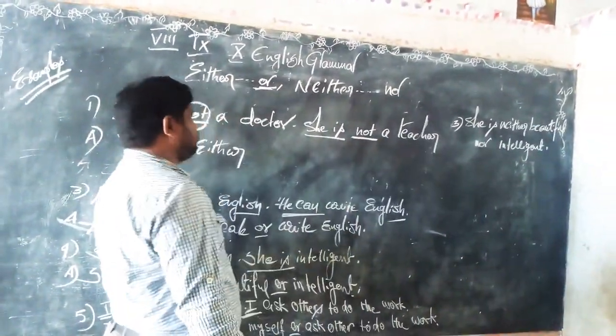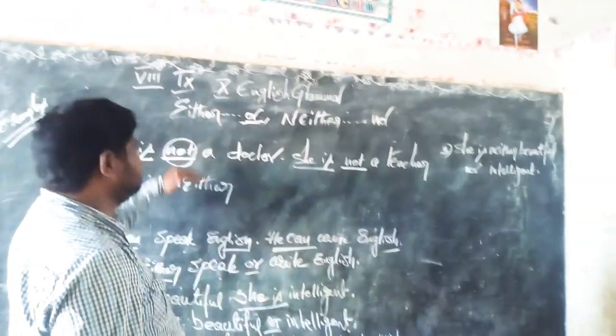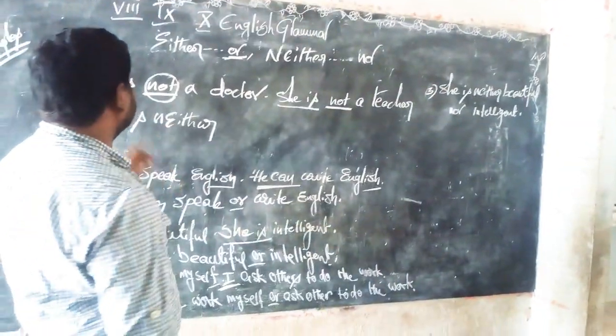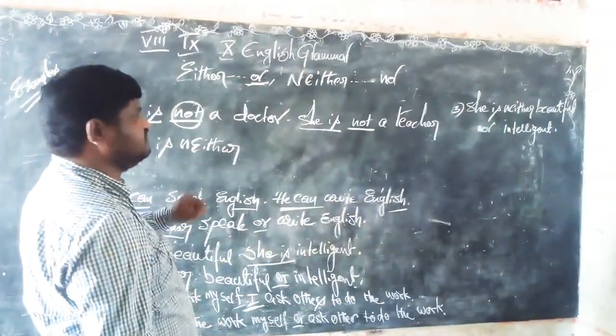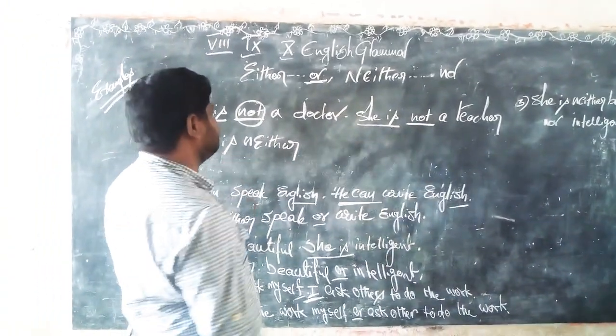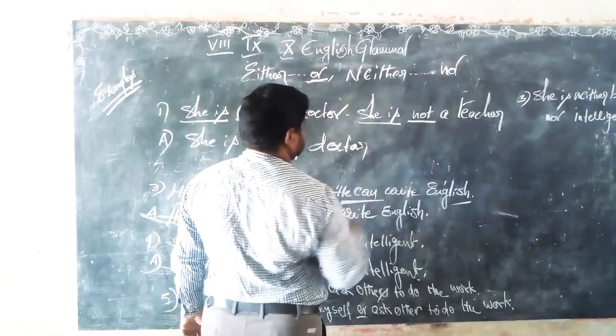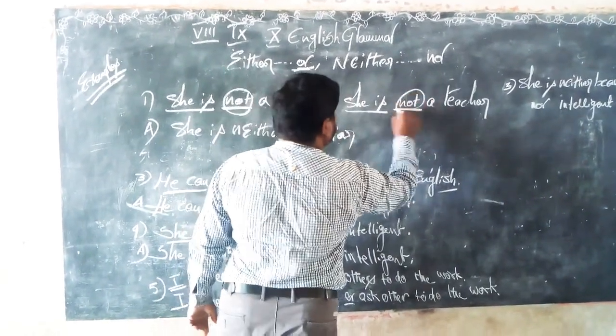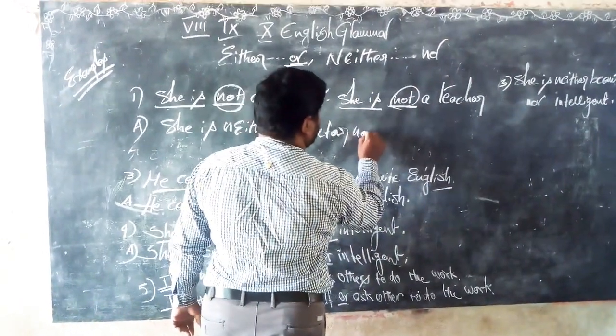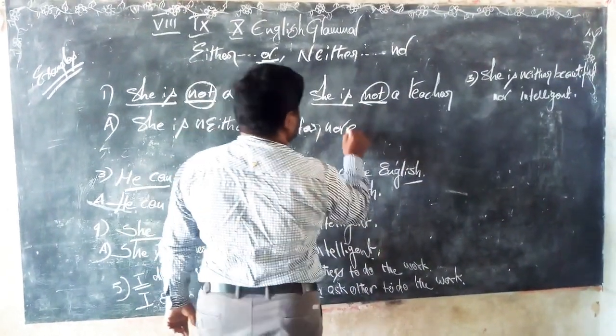In the not place in the first sentence, neither should be mentioned: she is neither a doctor, and in the not place of the second sentence, mention nor a teacher.